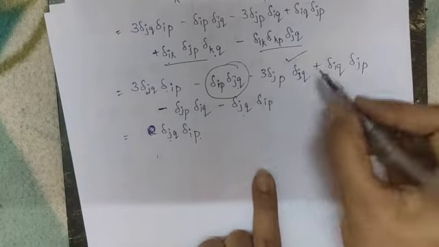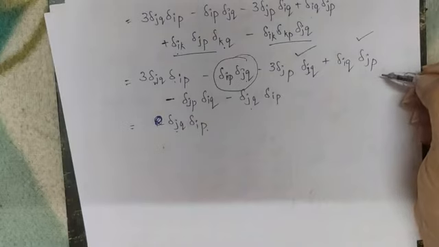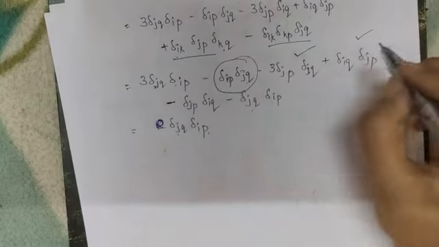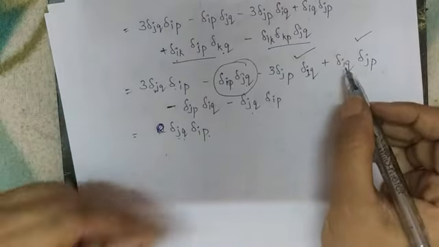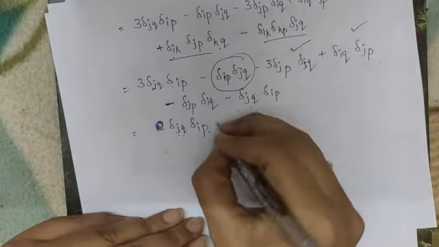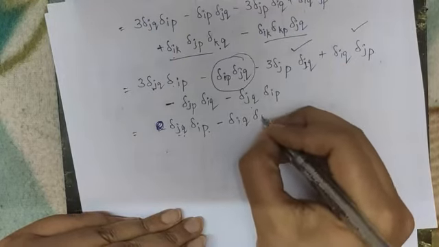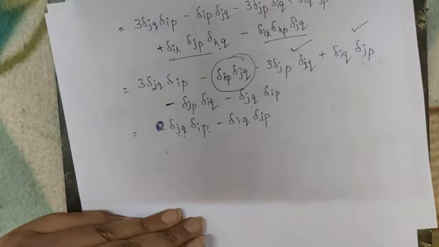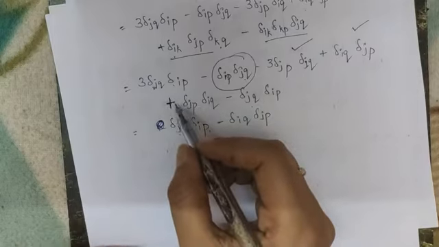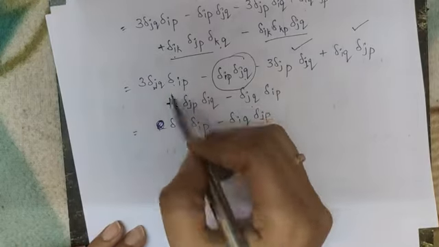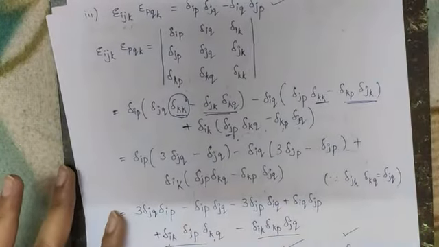Similarly here I have minus 3 delta jp delta iq plus delta iq delta jp, which gives you minus 2. So here you will get minus delta iq delta jp. Right, here I made a mistake, I have written minus, so it is plus. You can observe, this is the required result, right?